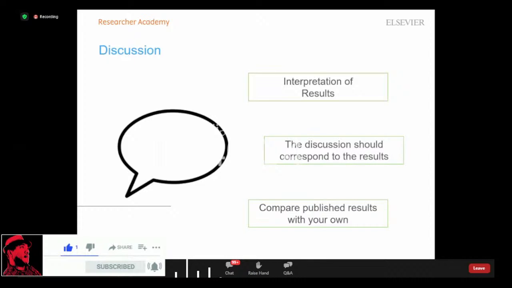So it's really where you interpret, and this is a good opportunity to sell your data, in the sense that it's important to make sure that the discussion corresponds to your results, it complements the results, but it doesn't repeat the results. So really make sure that it's really, really good.